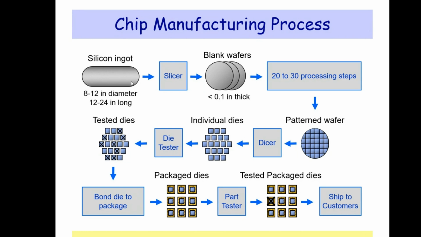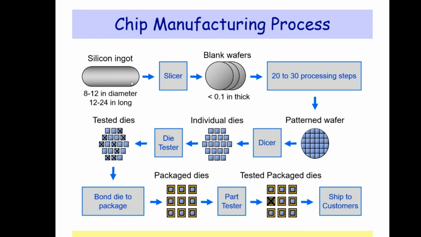So silicon ingots will be like 8 to 12 inches in diameter and 12 to 24 inches long. Okay, so these are in inches, as you can see. Next, the slicer, this is all done in a manufacturing unit, right? So the next process would be the slicer, which will slice this ingot into thin, like 0.1 inch thick wafers.